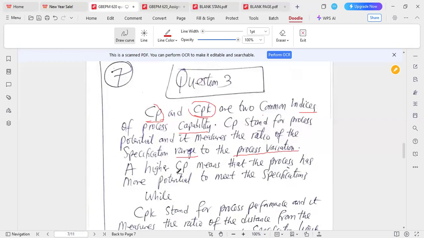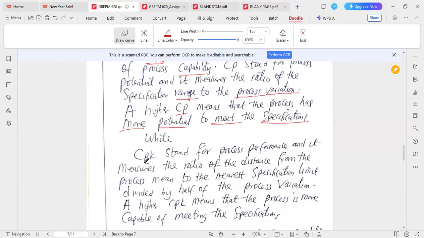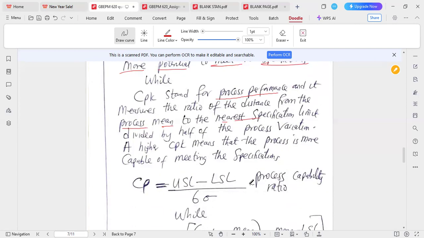A higher CP means that the process has more potential to meet the specification, while CPK stands for process capability, process performance, and it measures the ratio of the distance from the process mean to the nearest specification limit divided by half of the process variation. A higher CPK means that the process is more capable of meeting the specification.